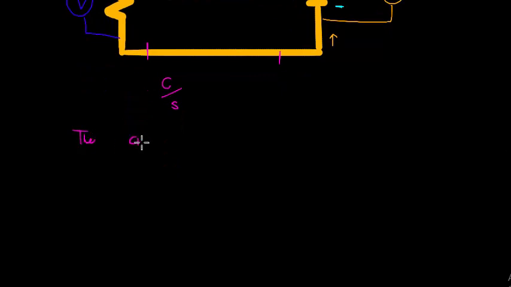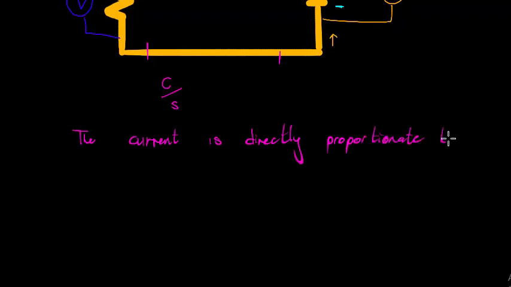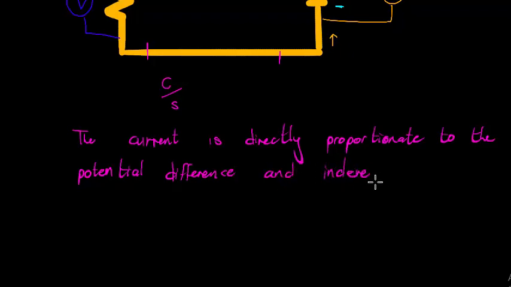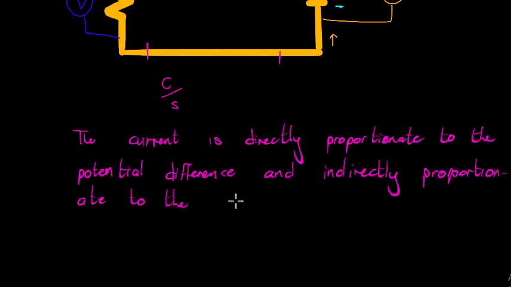Well, this is Ohm's law. The current is directly proportionate to the potential difference and indirectly proportionate to the resistance.